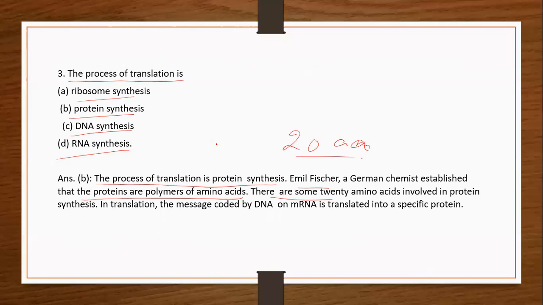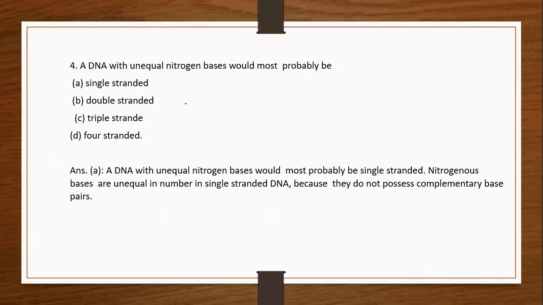And these amino acids are involved in protein synthesis. In translation, the message coded by DNA or mRNA is translated into a specific protein. So option B is the correct answer, that is process of translation is protein synthesis.